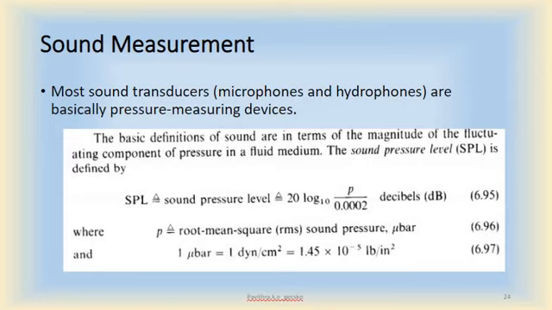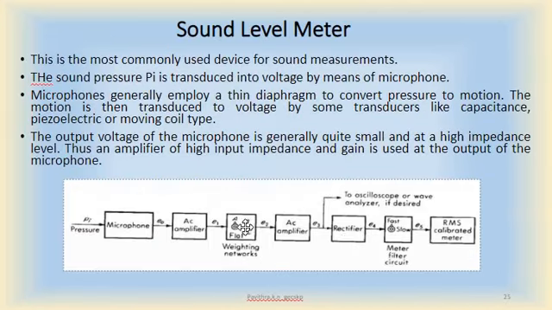The sound pressure level, known as SPL, is defined by this equation, and the unit is the decibel. You can see a block diagram of a sound level meter. A sound level meter is a device used for sound measurements, and as I have told, sound measuring devices are also pressure measuring devices.